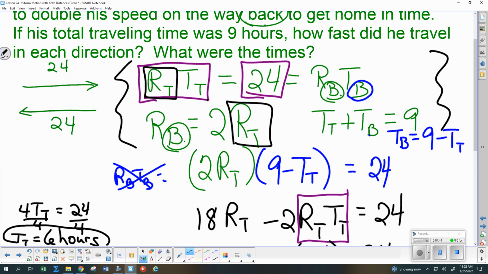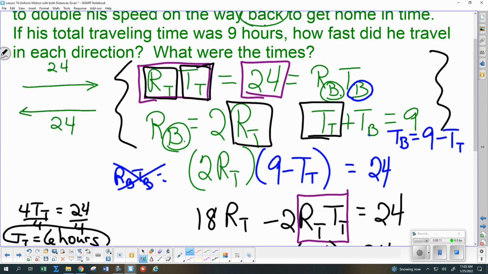Okay, now we know RT and we know TT. We still need to get the B's. Which one do you want to get next? Look at the things that are boxed in those equations. What should we do next to be able to get there? Kira?